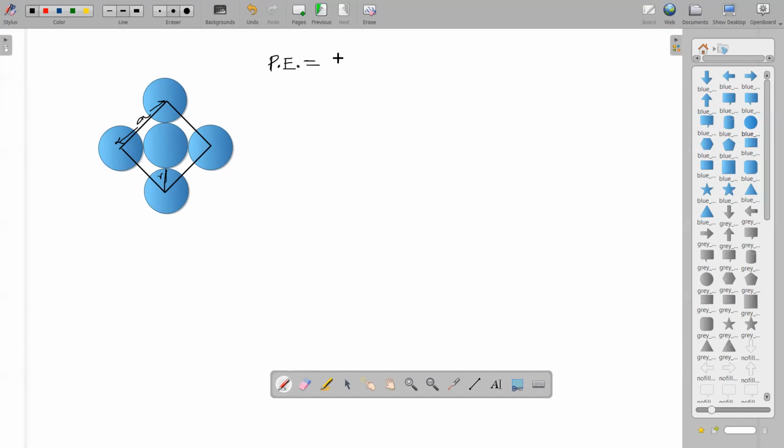Okay. The number of atoms in the unit cell, I am representing by Z, into the area of one atom, which would be pi R square, upon the space occupied by the unit cell, which will be A square, because it is the area of a square.